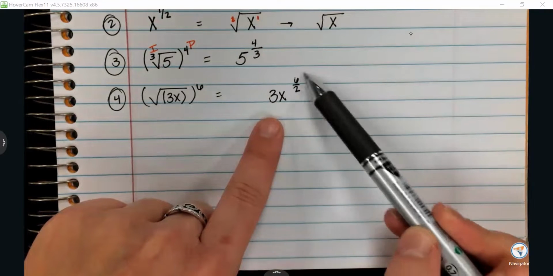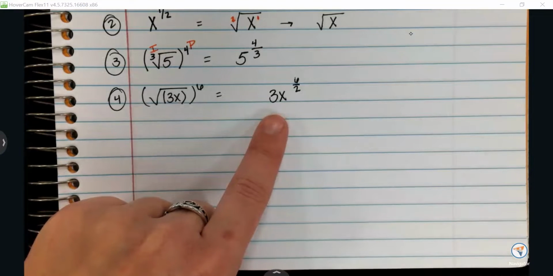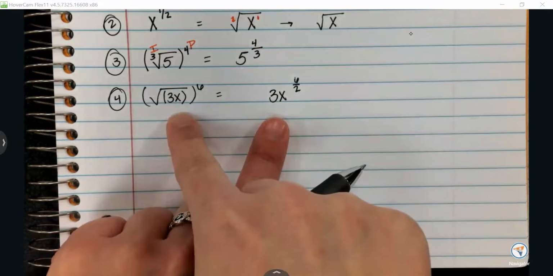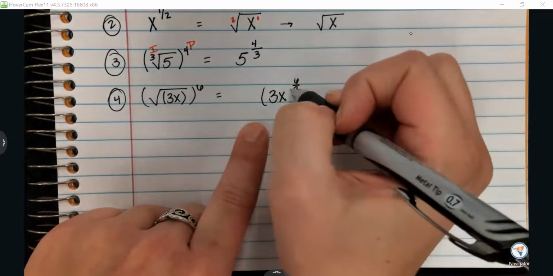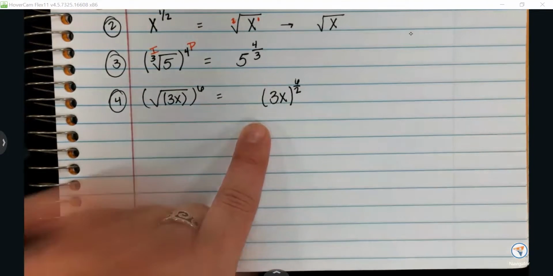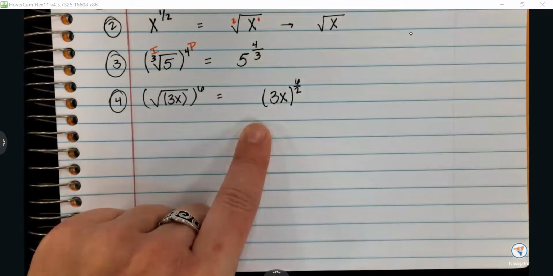This power, this fraction, is currently only touching what? The x, which means only the x would be in my radical. Is that what this says? So how do you tell me the whole thing is in there? This whole thing has to be in parentheses because that entire term is under the radical, okay?